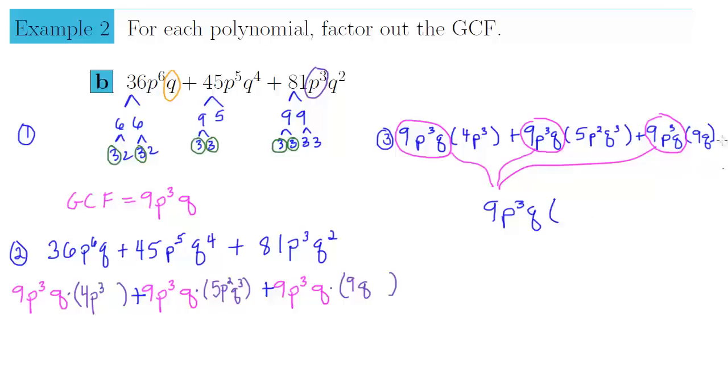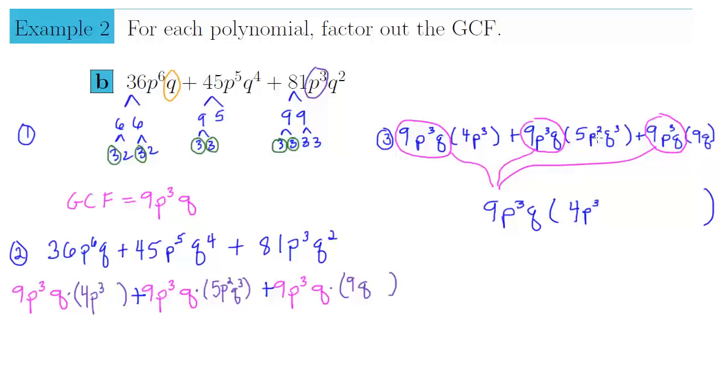And then inside a pair of parentheses, we're going to write what we have left over, what polynomial we would need to put here in order to get us back to this unfactored form. So if you take out a 9p cubed q, you're going to have 4p cubed left from the first term.